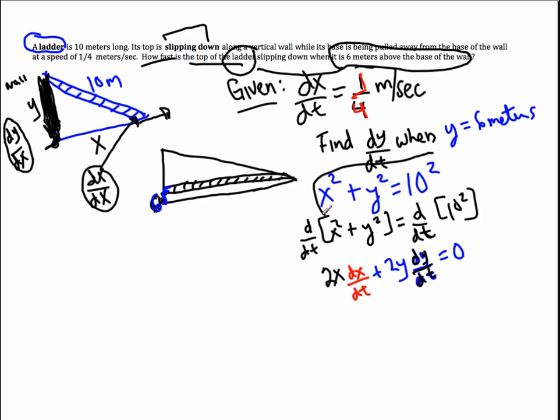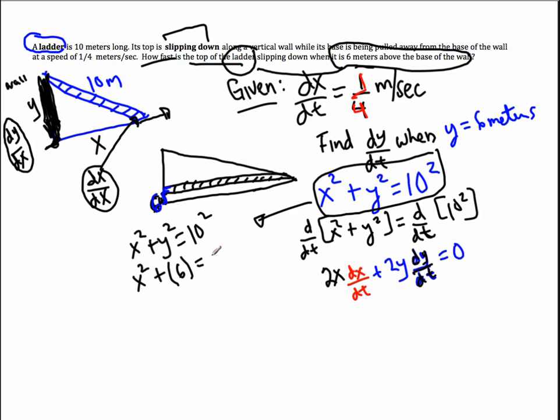So again, let's find the missing information. I take this equation that relates everything: x squared plus y squared equals 10 squared. I need to find x. y is 6 meters, 10 squared is 100, and this is 6 squared. x squared plus 36 is 100, so x squared is 64.